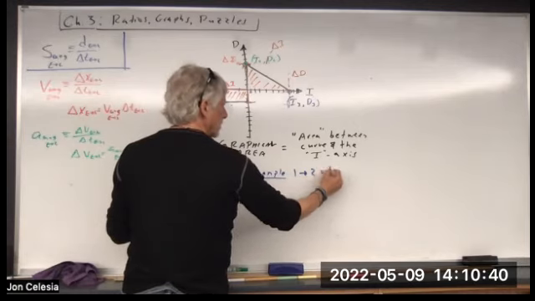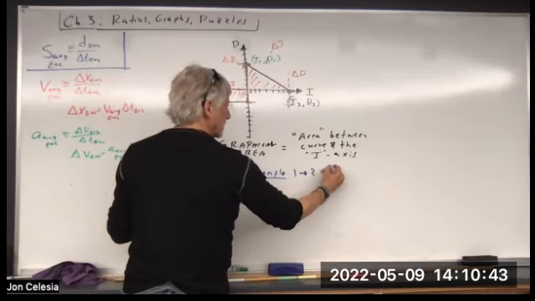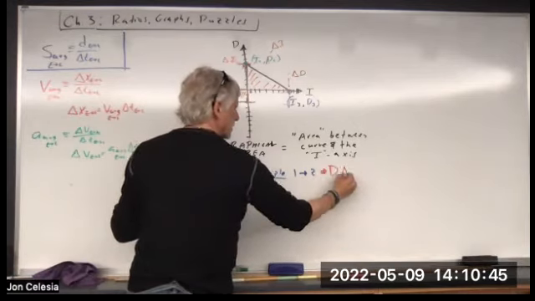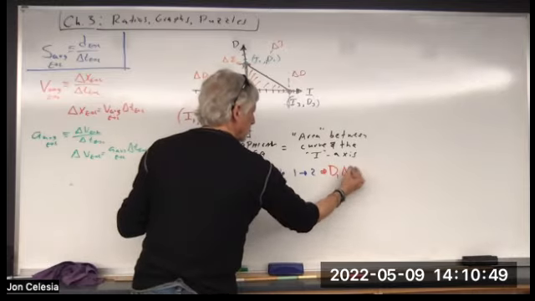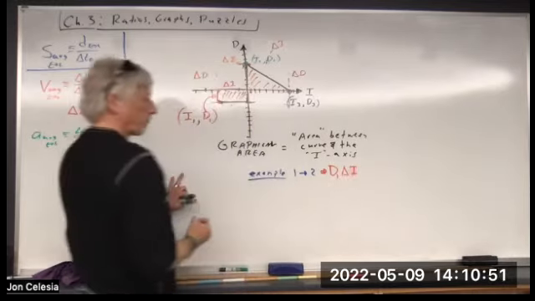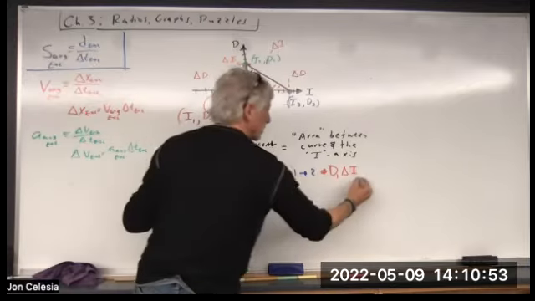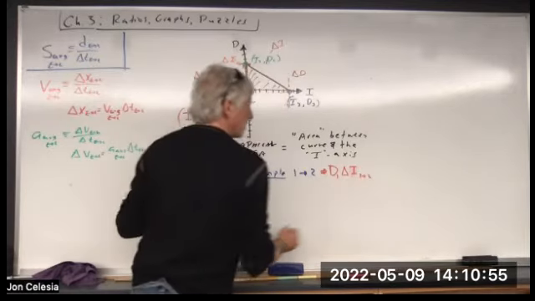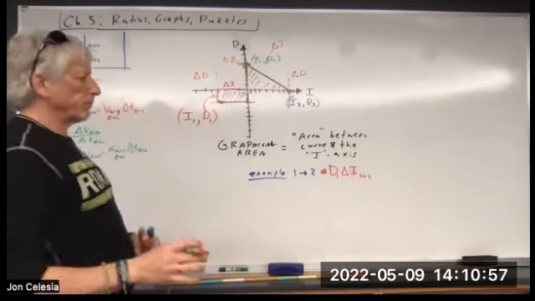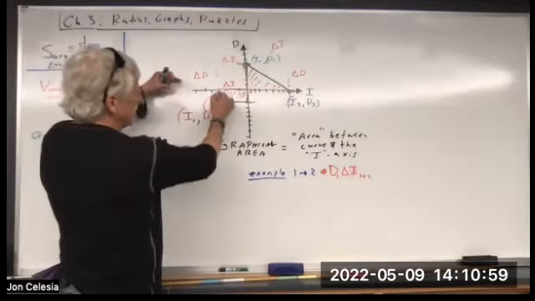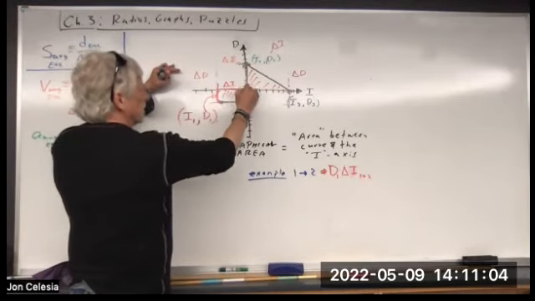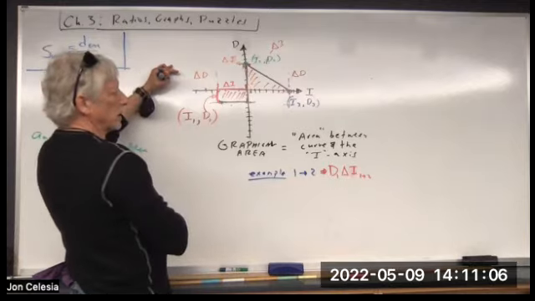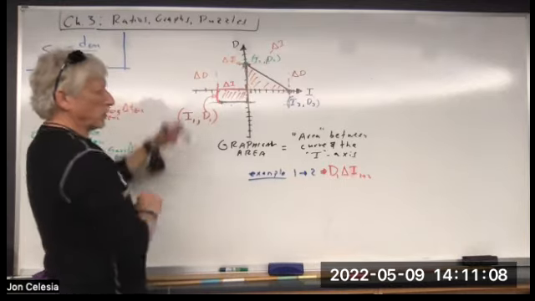So it would give us D1 times the change, oops, not change in T yet, change in I, from 1 to 2. Because it's just a rectangle. It's this much times that much. That's change in I. That's D1.